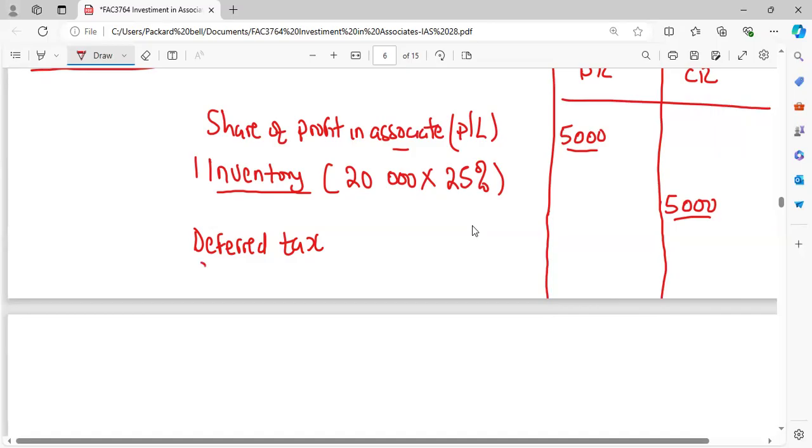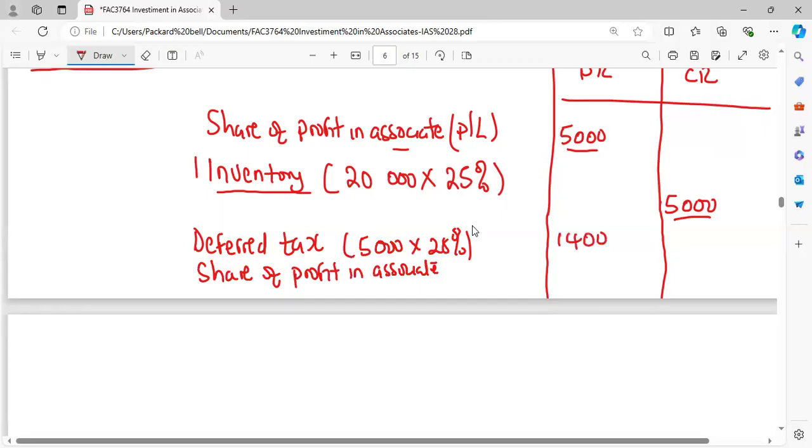So it's only going to affect the share of profit in associate by 5,000 times 28%, I think we did this, it's 1,400. Right. So that's how you do your tax journal.